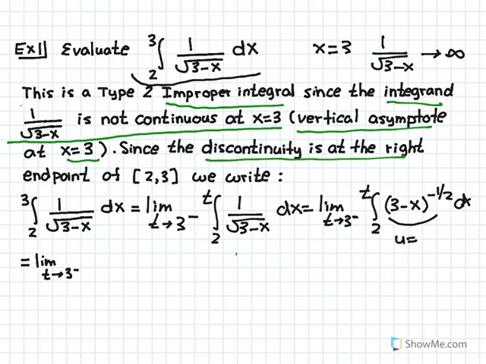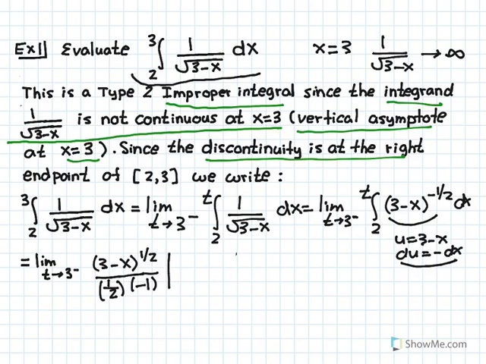We're letting u be equal to 3 minus x, and du is equal to minus dx. So integrating, we get 3 minus x to the power of negative 1/2 plus 1, which gives us 1/2. Divide by 1/2, and also divide by negative 1. Why do we divide by negative 1? It's because of the chain rule, or u substitution: du is minus dx.